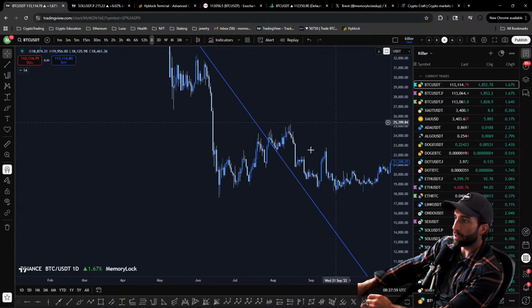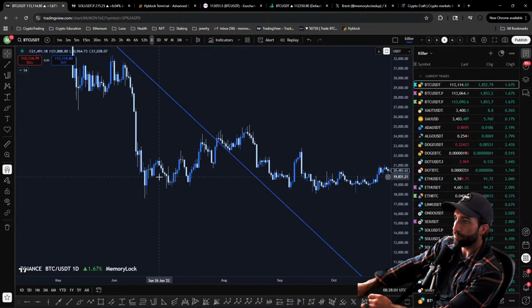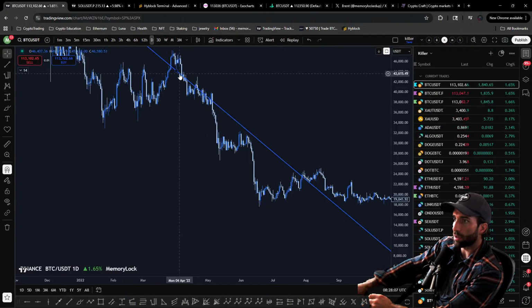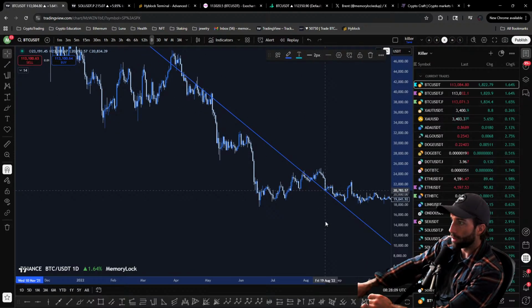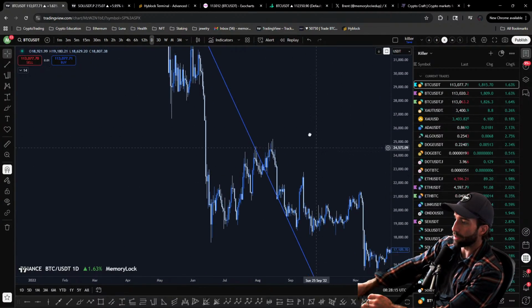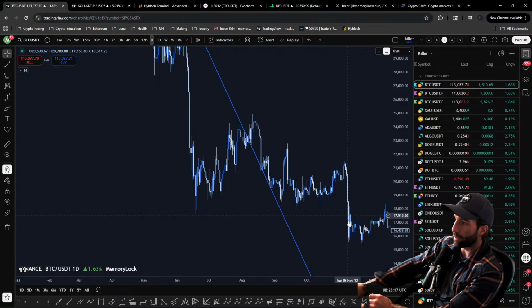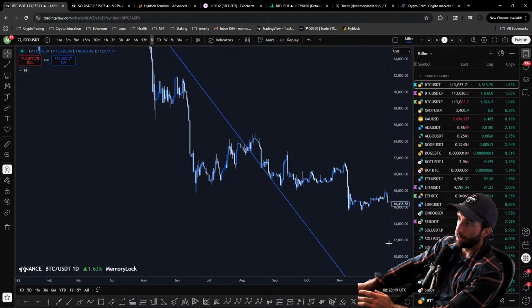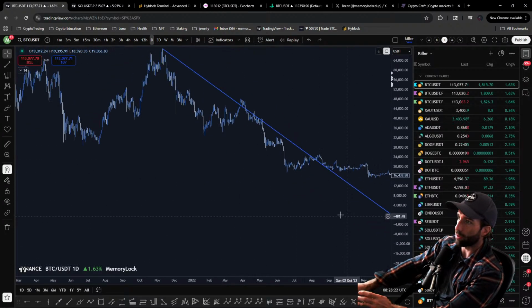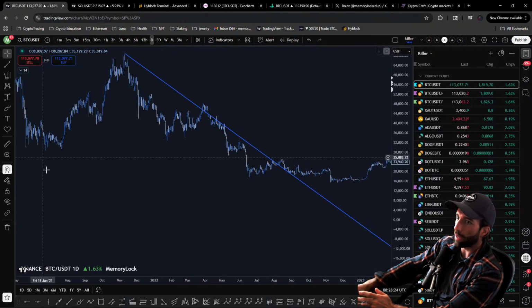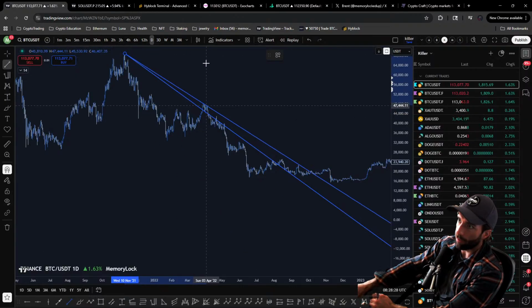But essentially something like this where price breaks out, back tests, and then comes down and back tests again. And again, we could draw this all kinds of ways, but say it's something like this. And then what happens is it just consolidated out of here and then went even lower again. No matter how you draw this trend line, that's sort of how it all played out. These things can happen, and at that point I wouldn't even call it a bump and run.